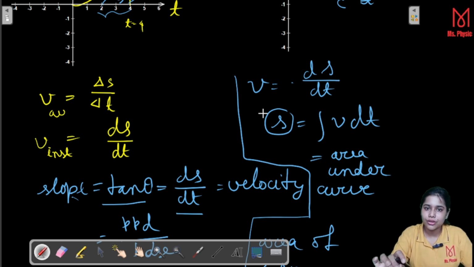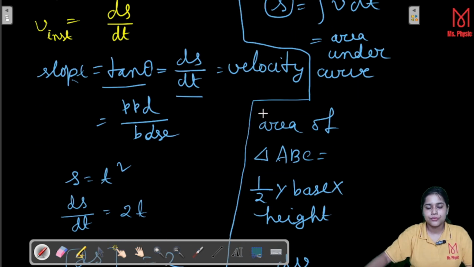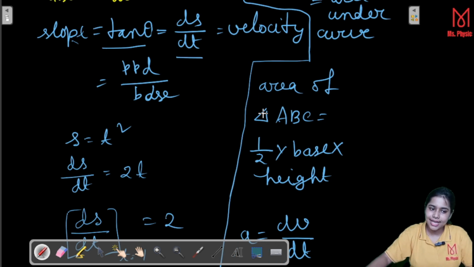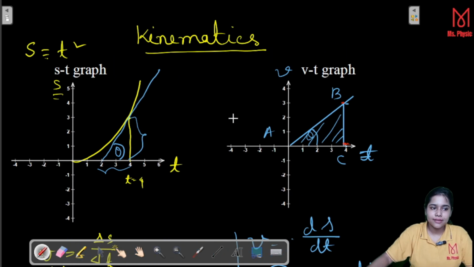That depends only on the numerical. Which values are given, using those values you have to choose the formula. Now similarly for the VT graph also, from the VT graph you can calculate S as well as your acceleration. So this is about the ST and VT graph, the basic idea about the ST and VT graph.